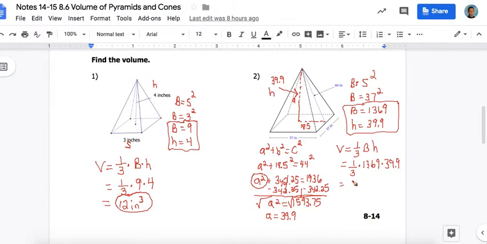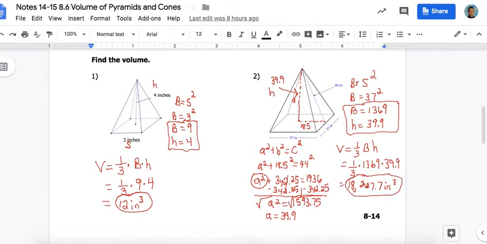Remember, it doesn't matter if you multiply these two numbers and divide by 3, or do 1 divided by 3 times both of those numbers. And I'm going to round to the nearest tenth, so we get 18,207.7 inches cubed.